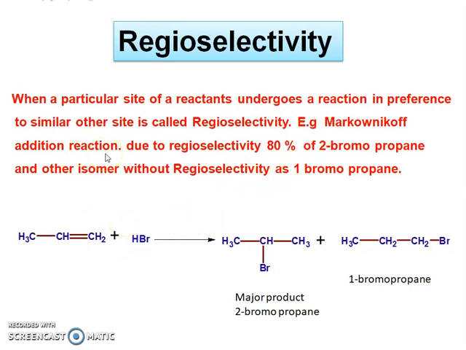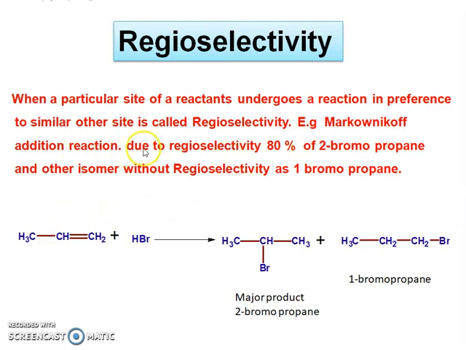Markovnikov's addition reaction. You know that in Markovnikov's addition reaction, the most electronegative atom is attached to the carbon with fewer hydrogen atoms and gives the major product. See here, H plus Br minus. So Br minus is attached to the carbon with fewer hydrogens. One carbon has one hydrogen, the other has two hydrogens. So the negatively charged atom is attached to the carbon with fewer hydrogens.